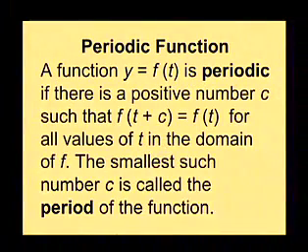Periodic function. A function, y equals f of t, is periodic if there is a positive number c such that f of t plus c is equal to f of t for all values of t in the domain of f. The smallest such number c is then called the period of the function.